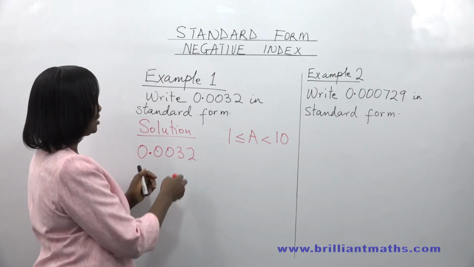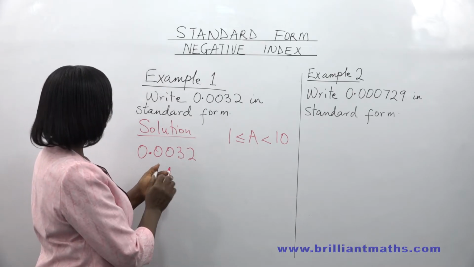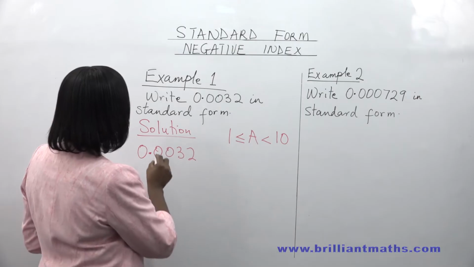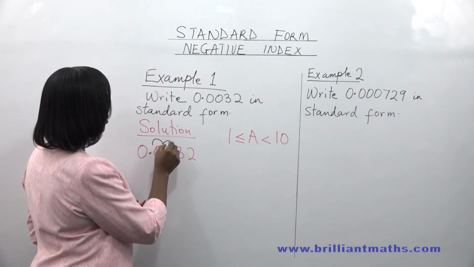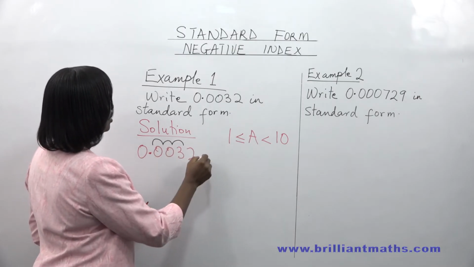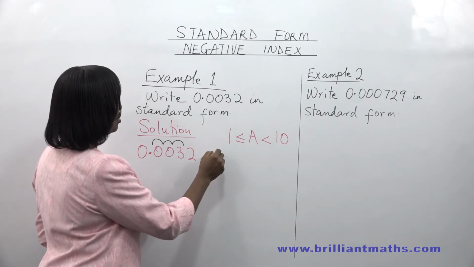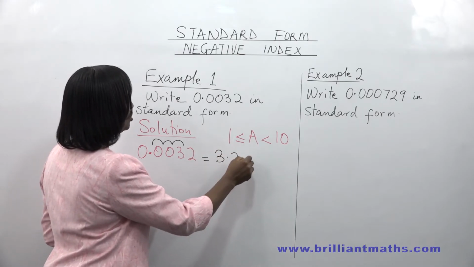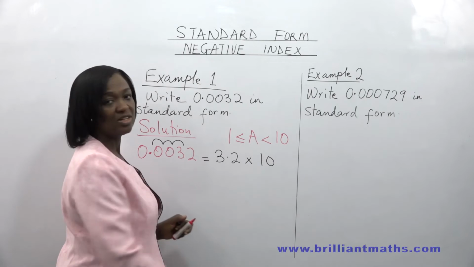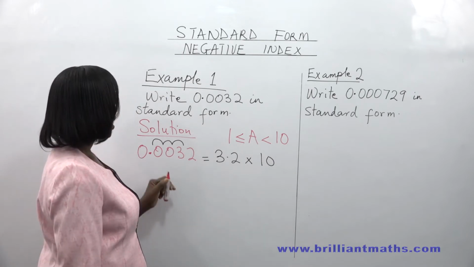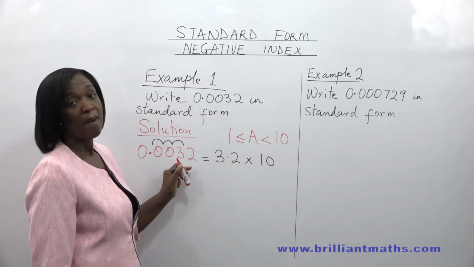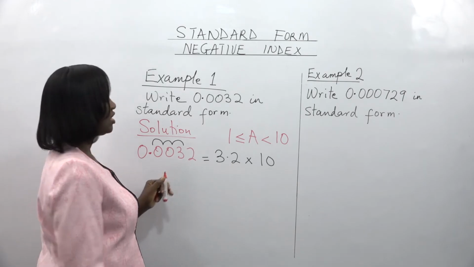And how many steps will that involve? So let's see. 1, 2, 3. So that will be equal to 3.2 times 10 to the power what? It will be 10 to the power minus 3.